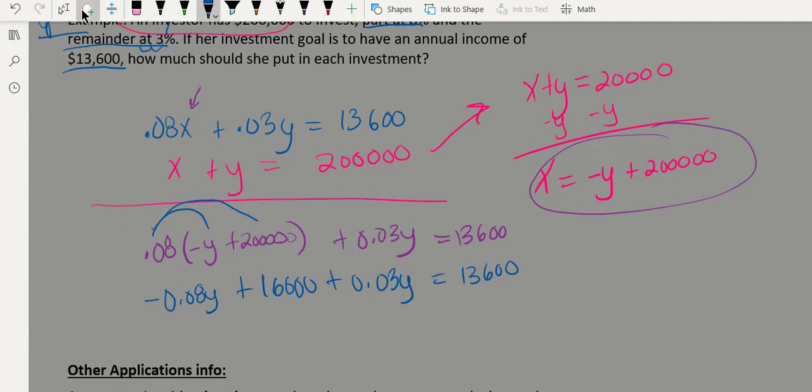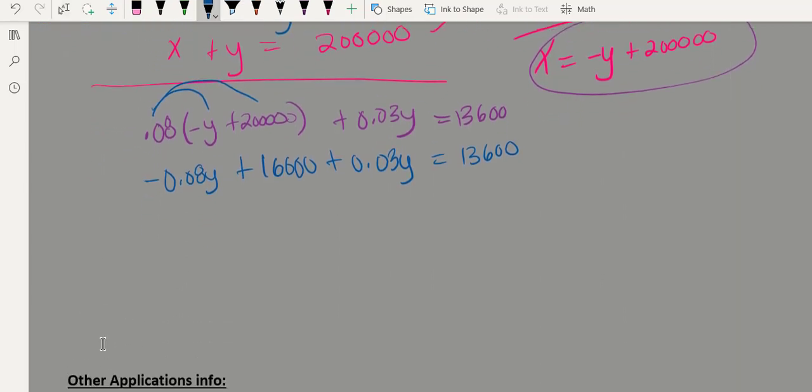So then my next step is to finish and combine my like terms on one side. So this will give me a negative 0.05y, if I combine this term and this term together, plus 16,000 equals 13,600. So I would now need to subtract the 16,000 from both sides.